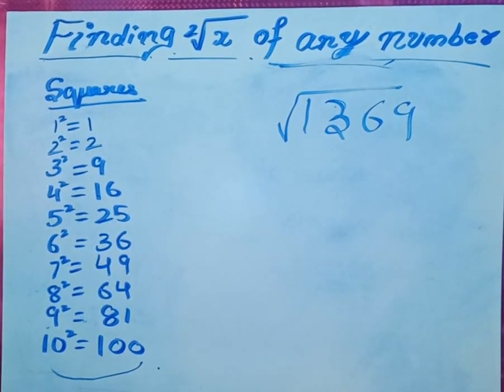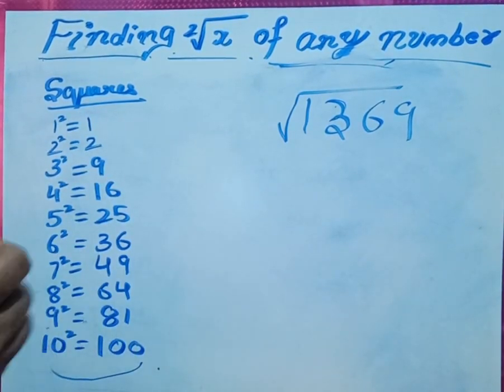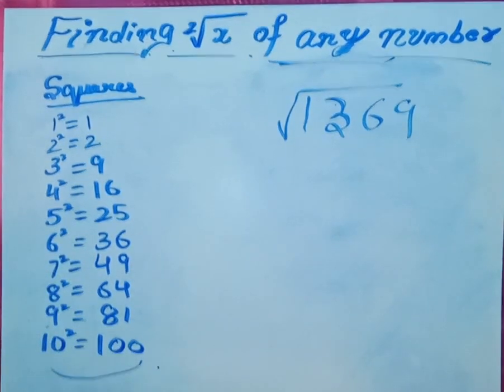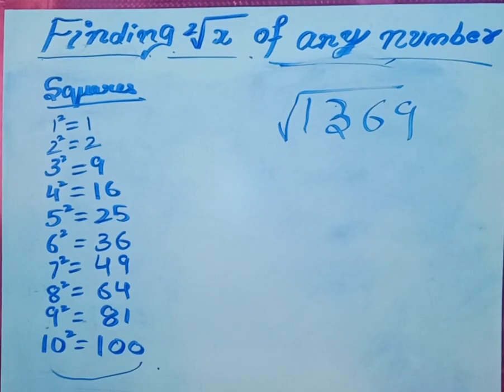Whenever you solve this kind of questions, please make sure that you write this table on a separate paper or wherever you feel comfortable, so that you can see and find this one. By using this table only we are going to solve this problem. So listen carefully, watch carefully what I am doing. If it is possible, note down the steps so that you do not forget. So guys, let's begin how we can solve this question.